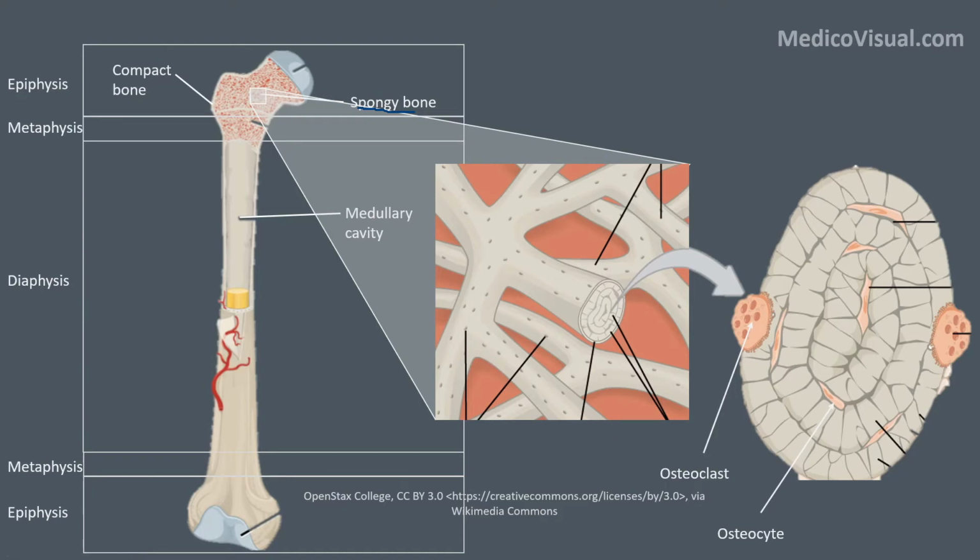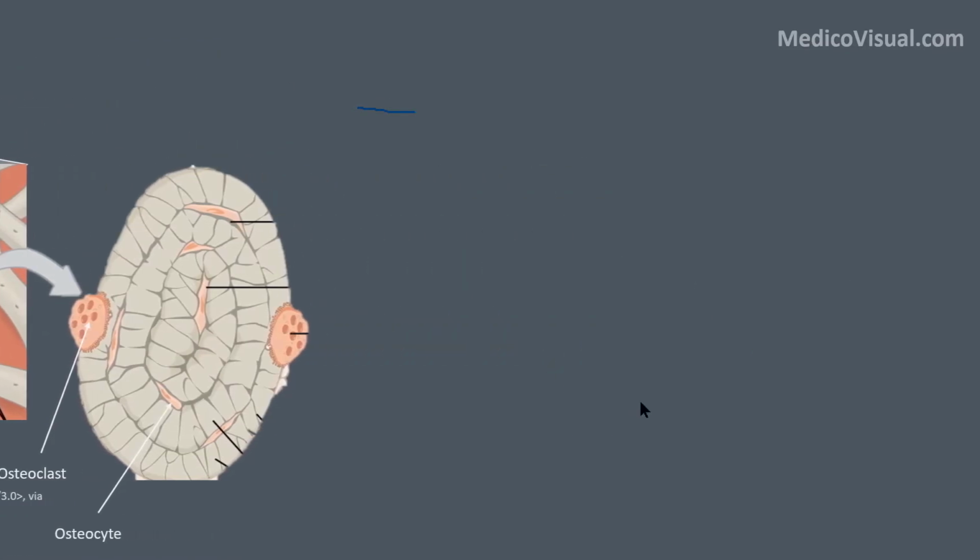This is exactly the reason that spongy bone undergoes remodeling 10 to 15 times more than compact bone. Compact bone also undergoes remodeling, but it is much greater in spongy bone.